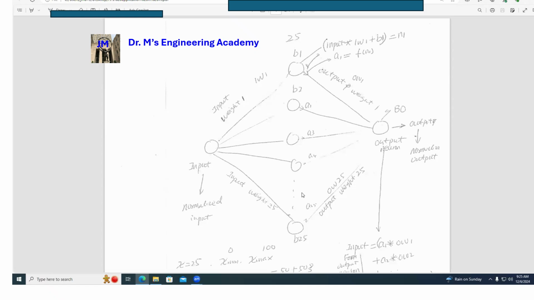Without loss of generality, for all these hidden neurons, we use this equation to calculate: input value multiplied by the corresponding connection weight value, and then plus the corresponding threshold value or bias value, then we get this N1. Then N1 is applied to this function, and we get this A1.